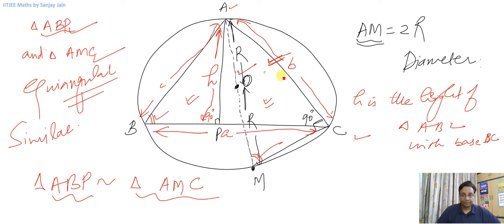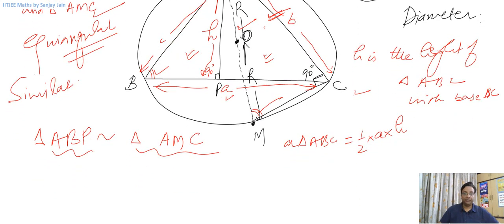Okay. Now see, if this is A and height is H, what will be the area of triangle ABC? Area of triangle ABC will be equal to half into base A into height H, right? Now because of this similarity, I can say that H is opposite this angle B, right?